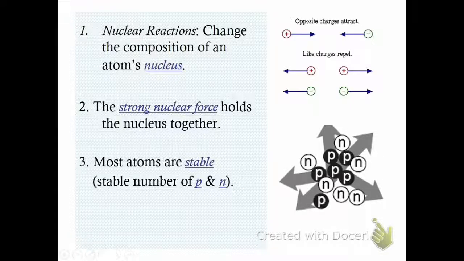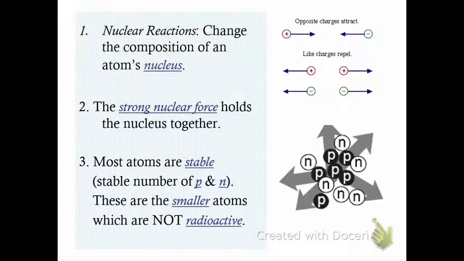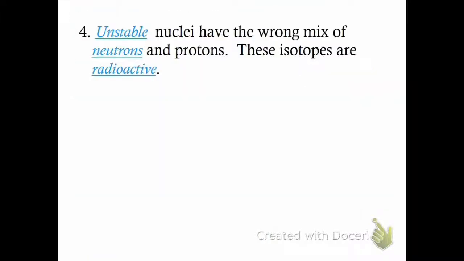Most atoms are stable, so the combination of protons and neutrons and the strong nuclear force makes them stay together in a stable configuration. However, those tend to be the smaller atoms, which are not radioactive. As atoms get bigger, many of them become unstable. They just have the wrong mix of neutrons and protons. We call these isotopes radioactive.